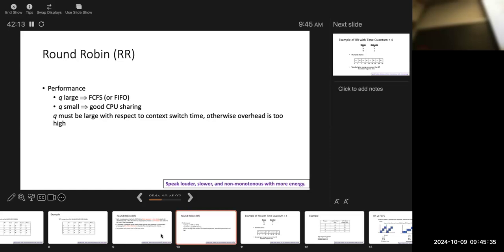Now let's say I reduce the quantum from 15 to 7. Then at this time point, its time slice is expired. So A gets only this portion of time to execute, and then another process from the ready queue will be scheduled, let's say B, which means that here you have a context switch, right?